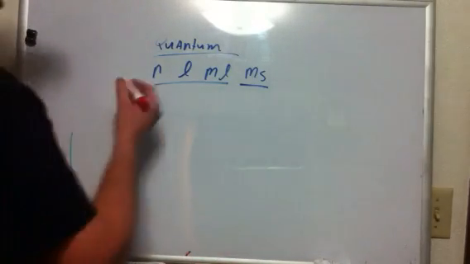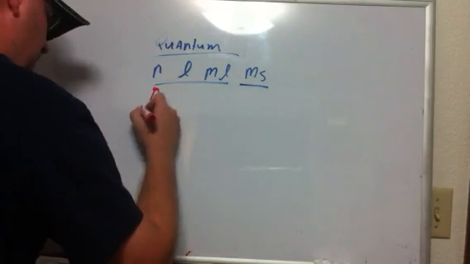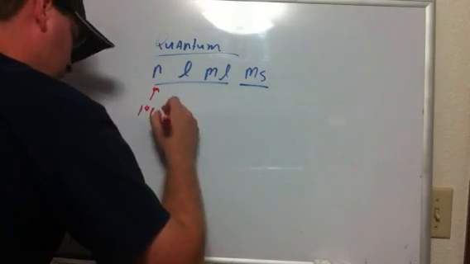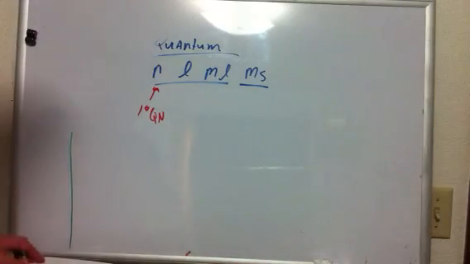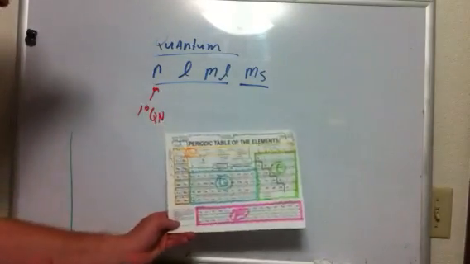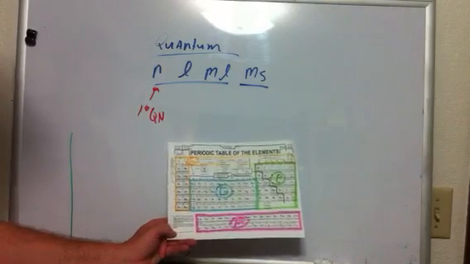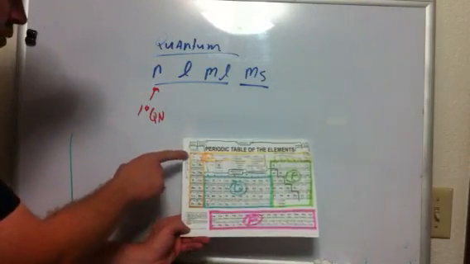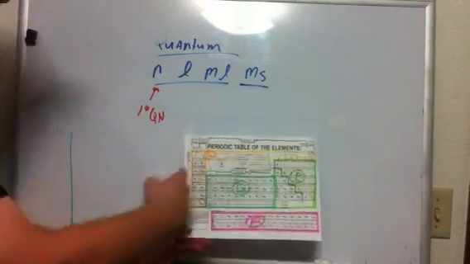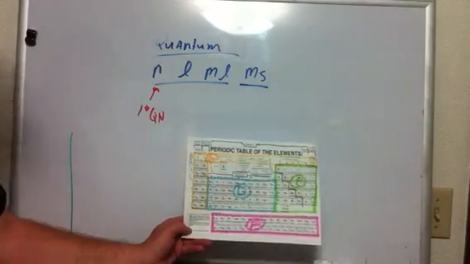Now, the N number right here is the principal quantum number, the primary quantum number. And wouldn't you know, the N number tells us what shell our electrons are in. If N equals 1, we're in period 1 on the periodic table of elements. Pretty cool, if you ask me.